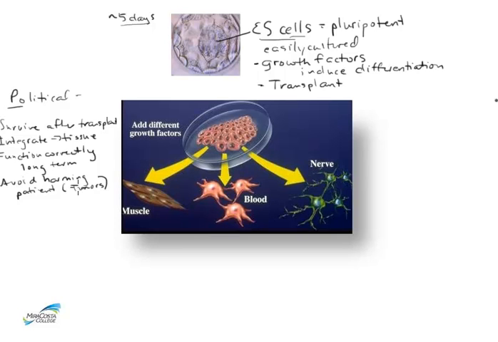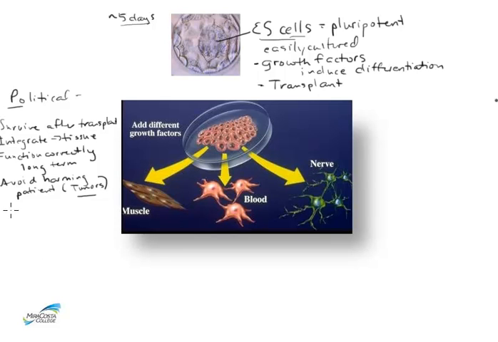But what if you implanted back into somebody's brain a population of differentiated stem cells that contained just a few stem cells that hadn't differentiated? Well, those cells are capable of dividing, and if they start dividing out of control, then that can lead to the formation of tumors. So that's a big risk that is potentially associated with the use of embryonic stem cells as a therapeutic intervention.